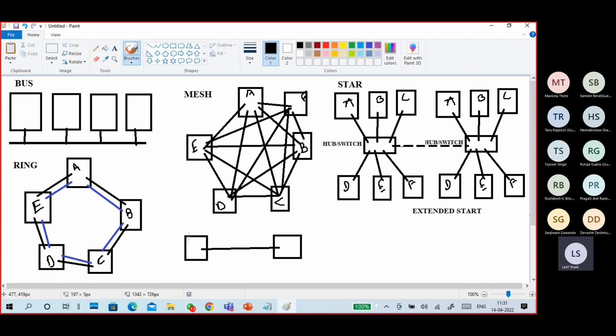That is point to point, meaning a device is connected to another device. This is point to point. This is also point to point. PC to PC is point to point, and PC to switch is point to point.